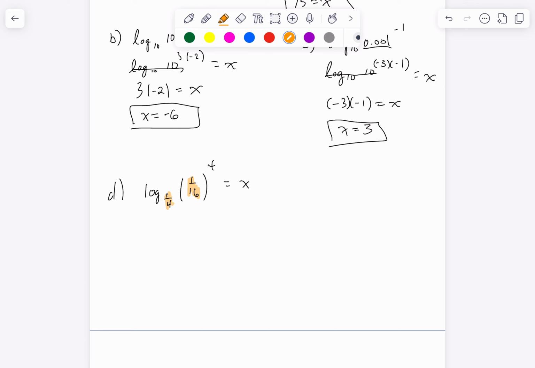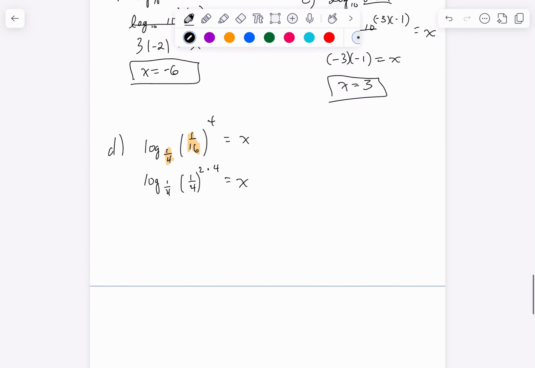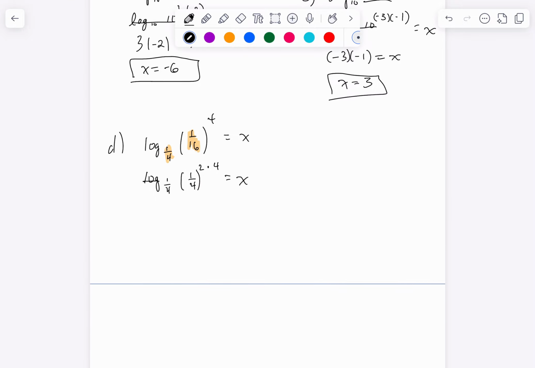So my question is, how do I write 1/16th with a base of 1/4, like 1/16th is 1/4 to what exponent, basically, right? And so I could say, well, 1/16th is 1/4 squared, multiplied against the 4 in the exponent. Okay. So the bases now match, they drop out. You get 2 times 4 is equal to x. And so x is going to equal 8.